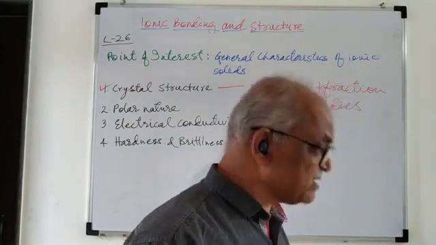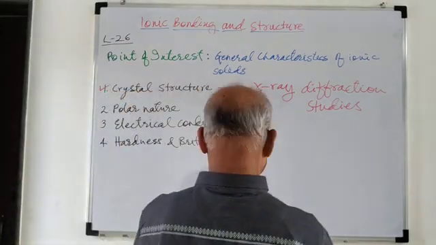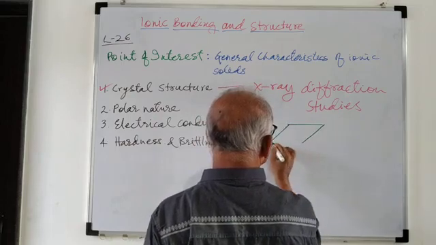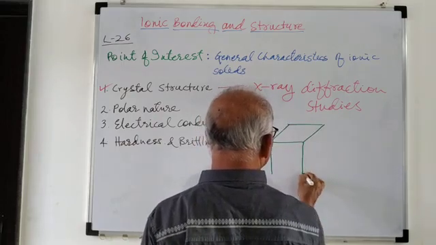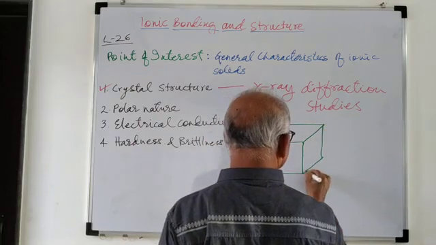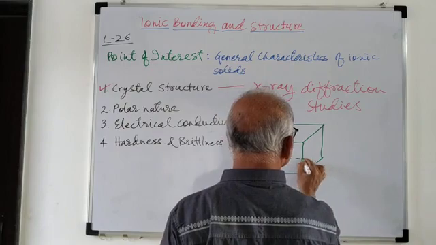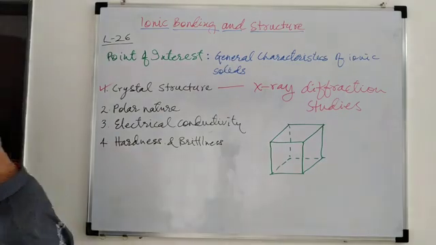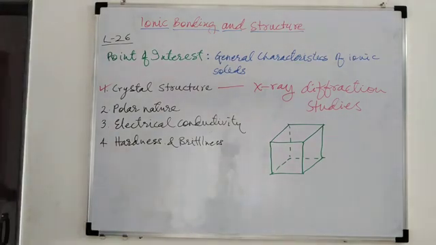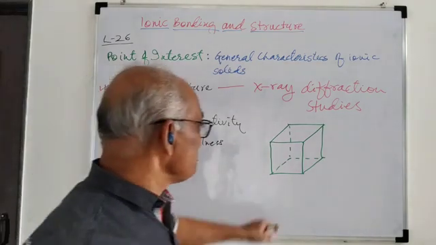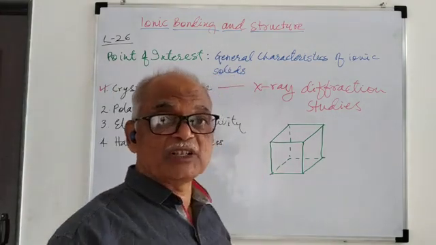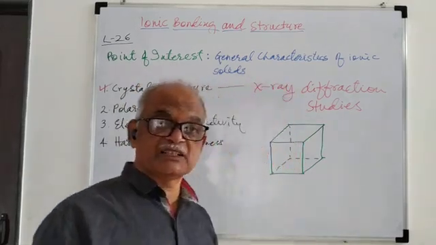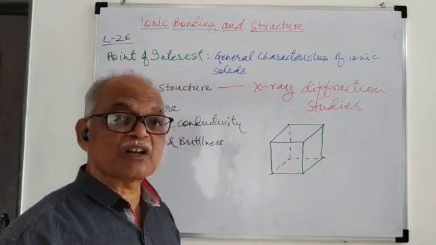Then we can see the simple structure, that is the cube. You can show the shape of the cube like this. Depending upon the arrangements, we can show whether it is a face centered, close packed cubic structure or a simple cubic structure.